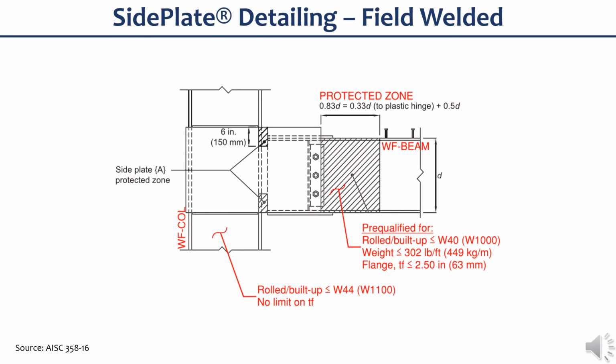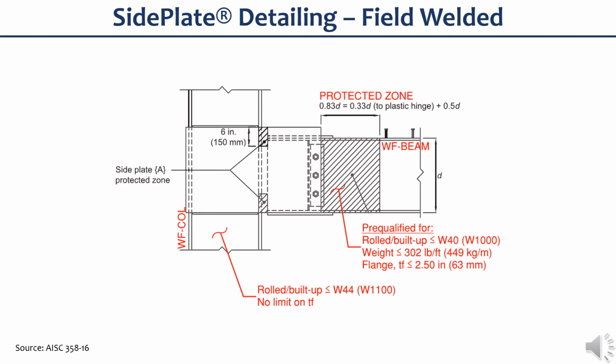The field welded side plate connection is pre-qualified for beams up to W40 or W1000 in millimeters, with weight limited to a maximum of 302 pounds per foot and flange thickness of 2.5 inches maximum.